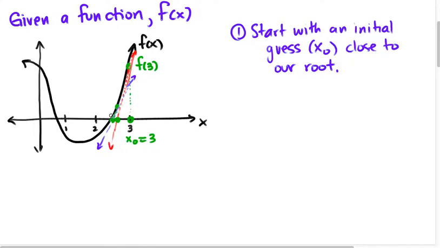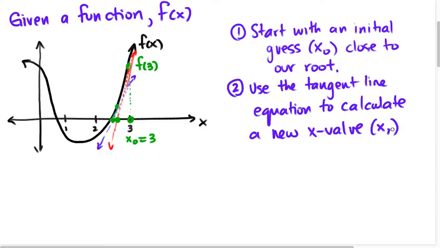And we quite quickly, much faster than the bisection method, get a good estimate of where that root is. So here are the steps again. Start with an initial guess, x0, close to our root. Then we use the tangent line equation to calculate a new x value, x1, which would be this value here.